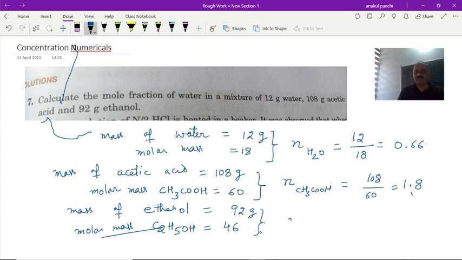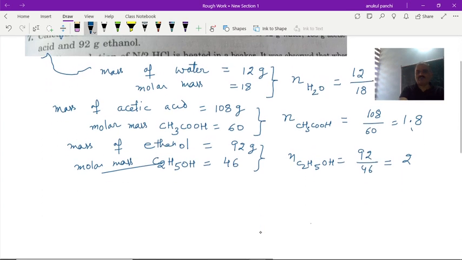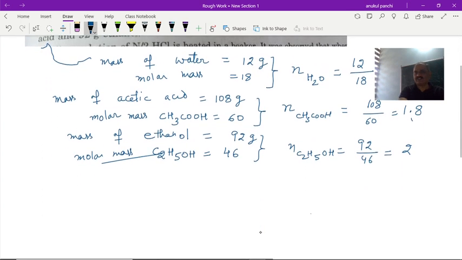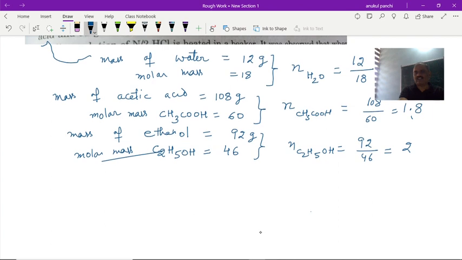Dividing 92 by 46, you are going to get its number of moles, which is 2. Okay, up to now you have determined the number of moles of all the three components.